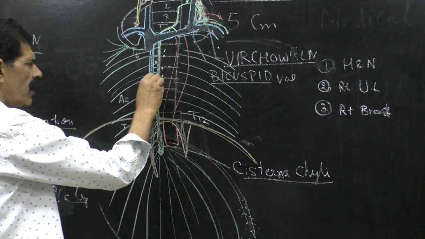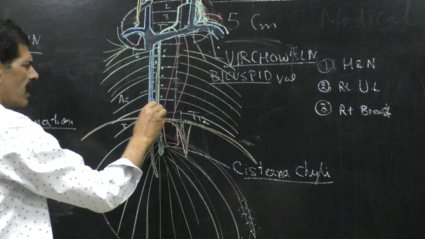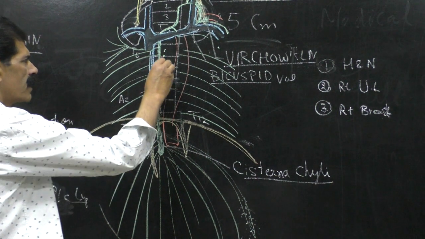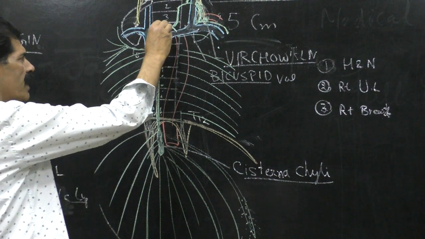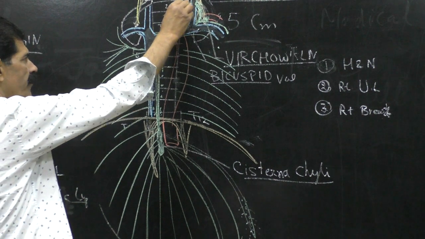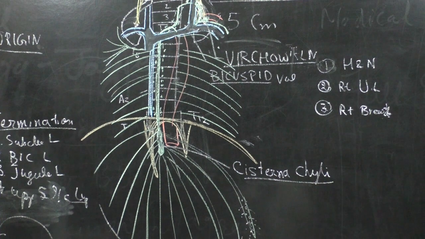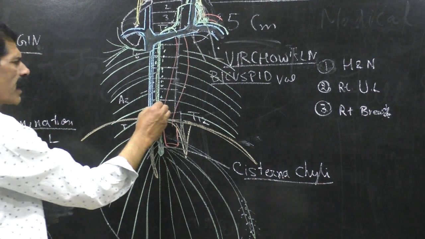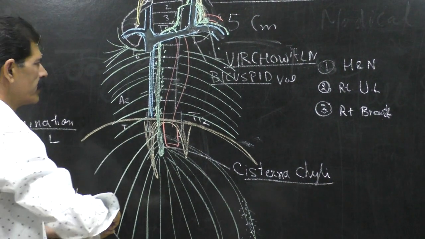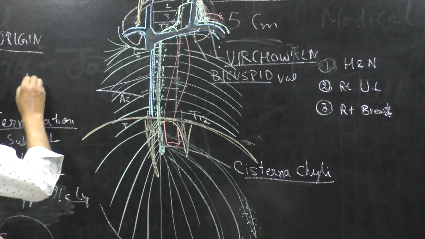Very small lymph nodes are present along the thoracic duct, which give the beaded appearance. And these lymphatics drain the posterior mediastinum, the lungs and the heart also. And as these lymph nodes are present in the posterior mediastinum, they are called the mediastinal lymph nodes.